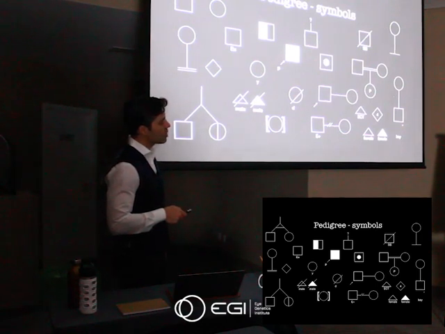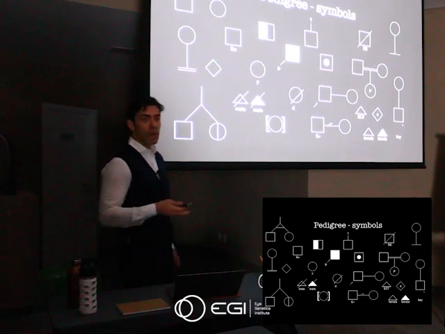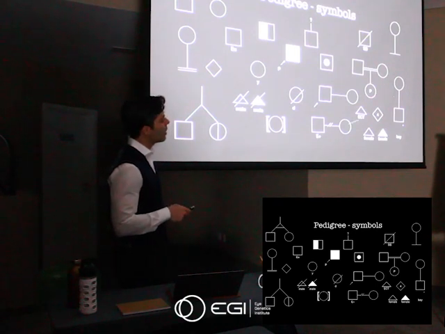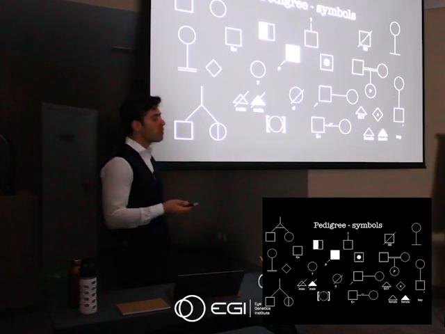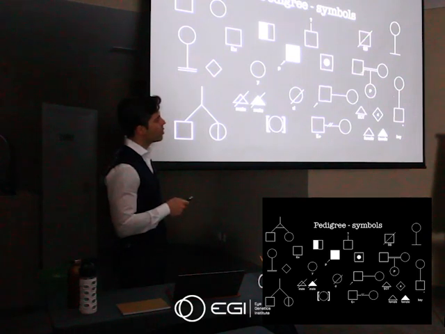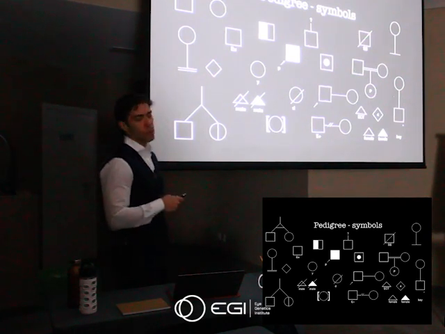When I have this symbol here, it just means that the patient was evaluated. I'm not saying what kind of evaluation was done, but just evaluated, and maybe positive for some test. When we have the double line here uniting 2 people in a marriage, it just means that they are related.